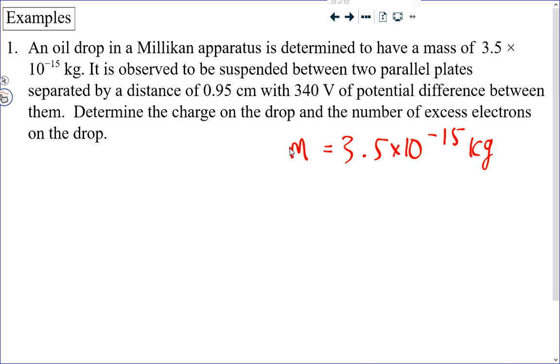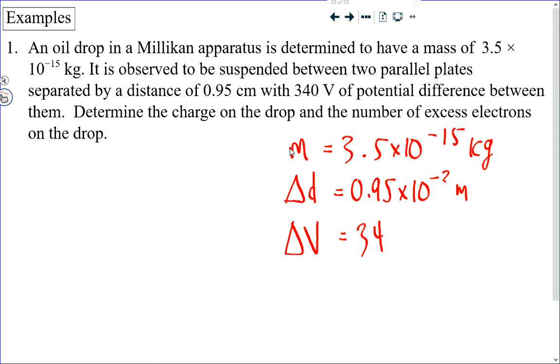When it is between two plates that are 0.95 centimeters apart, and a voltage is applied to those plates that's equal to 340 volts, then the drop is suspended. So the question is, if you had this data, what would the charge of the drop be? And then as well, how many extra electrons would there be on the drop?